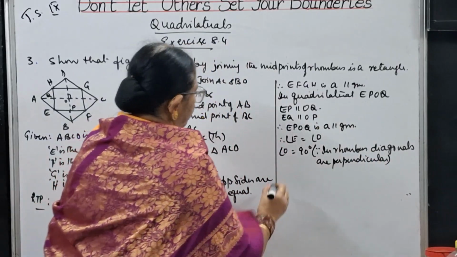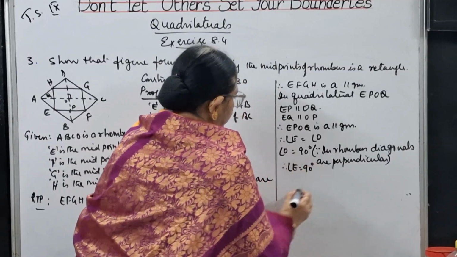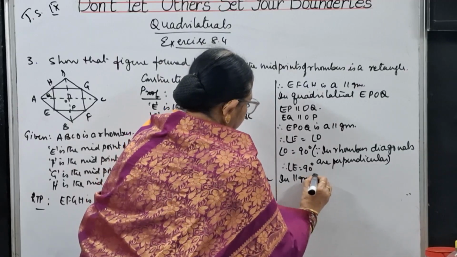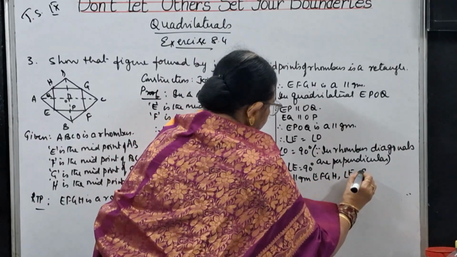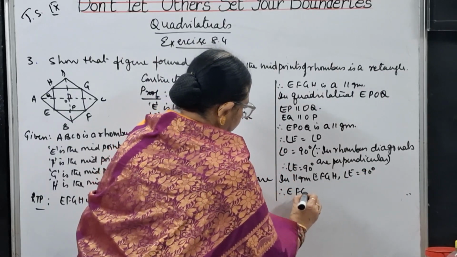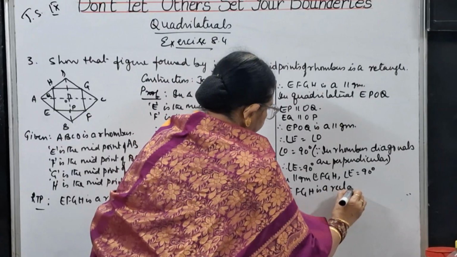So angle O is 90 degrees, therefore angle E is also 90 degrees. So in parallelogram EFGH, angle E is equal to 90 degrees. Therefore EFGH is a rectangle.